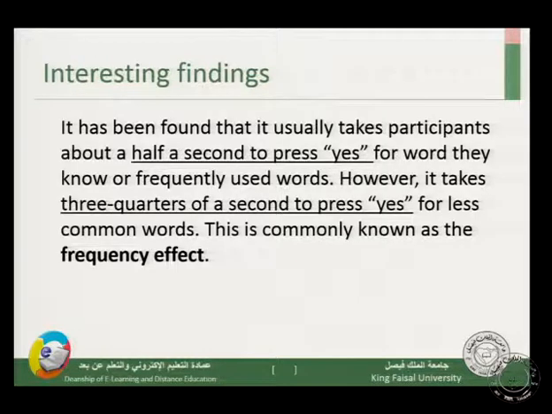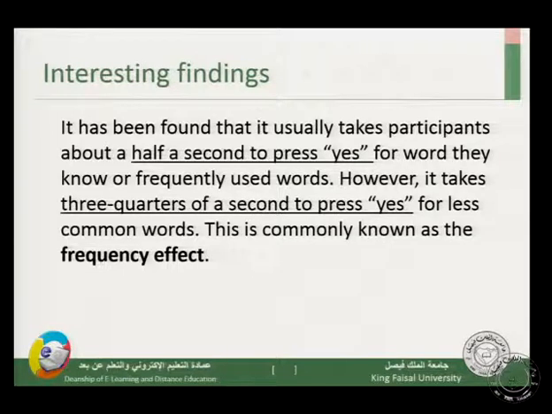So the words which are more frequently used are accessed quickly, and the words which are not frequently used are accessed in a bit slower fashion. But still, they are accessed quickly. So the difference is a quarter of a second.